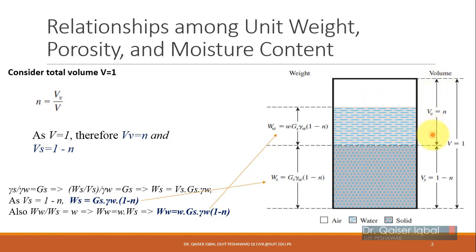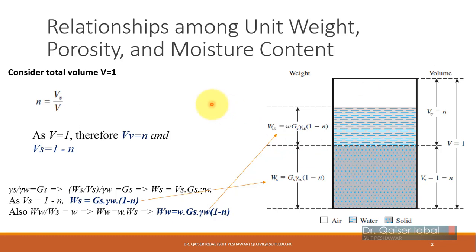If you take them combined, their volume will be equal to volume of voids. If you add volume of voids and volume of soil solids, that will be the total volume, and if we add the weight of water and weight of solids, that will be the total weight of a sample, considering the three separate phases here.